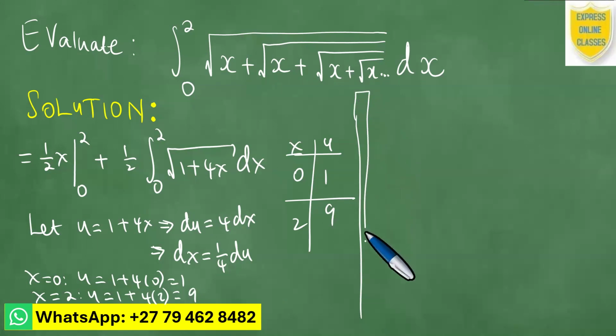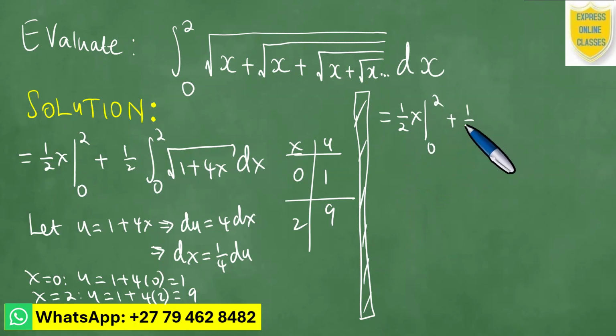So we continue as follows. Right, so from this we still have 1/2 from 0 to 2, now 1 to 9, and then you're going to have the square root, because whatever we have under the radical, the 1 plus 4x, is u, and the dx is 1/4 of du.